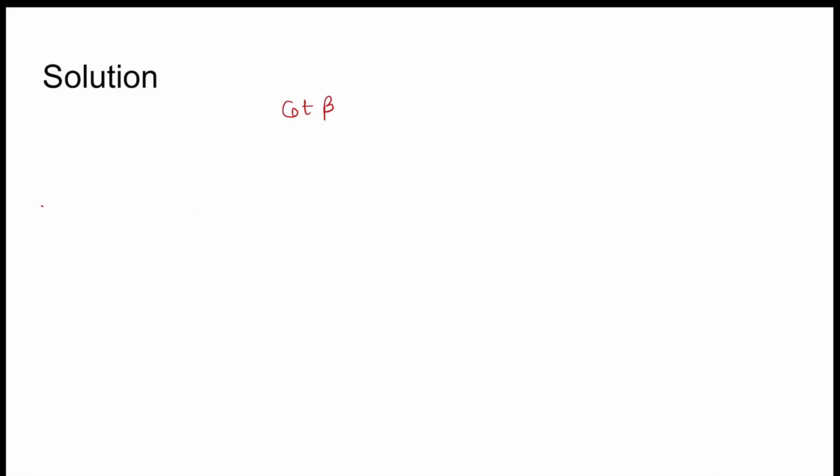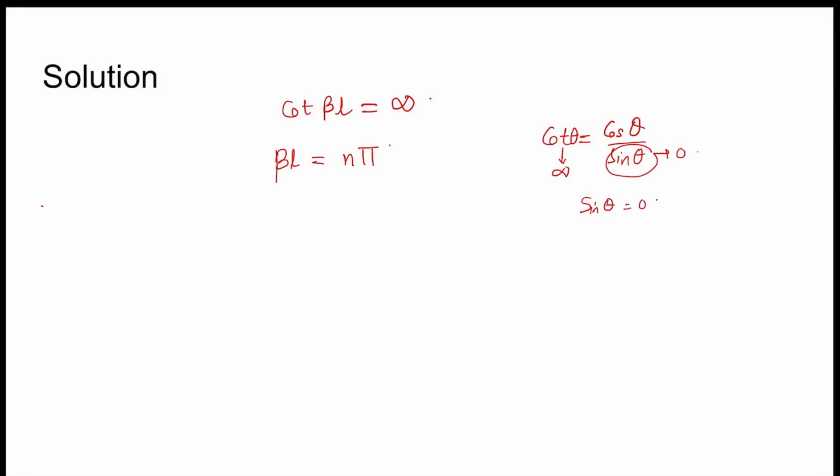Now if this is so, then cot beta L must be infinity. So beta L must be equal to n pi, because what is cot theta? Cot theta is cos theta by sin theta, and cot theta will tend to infinity only when sin theta tends to 0.